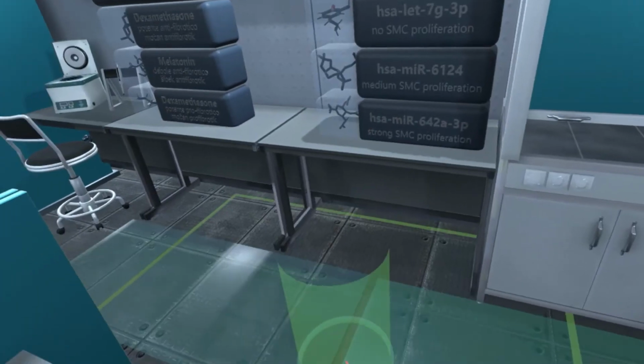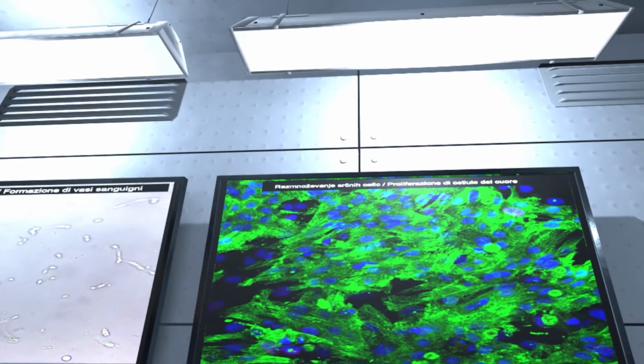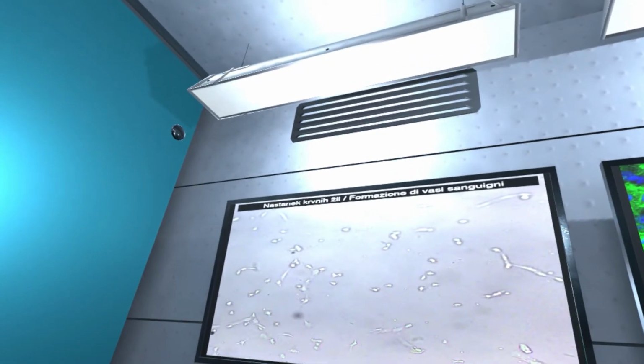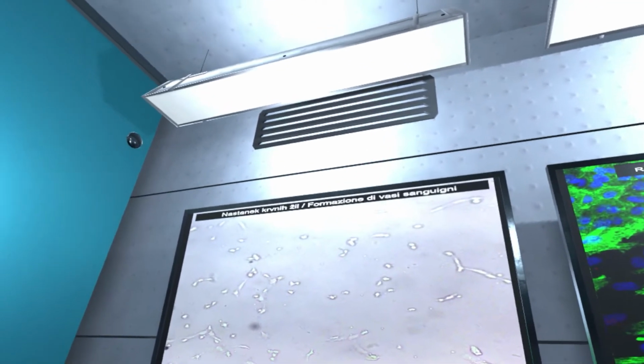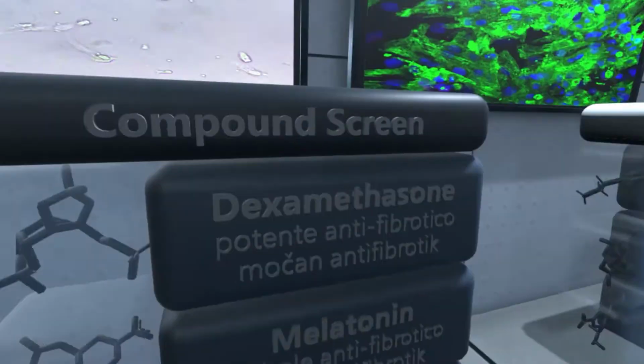So we've included a lot of data. We've really aimed for a high fidelity representation of the work that's being done in the actual labs.